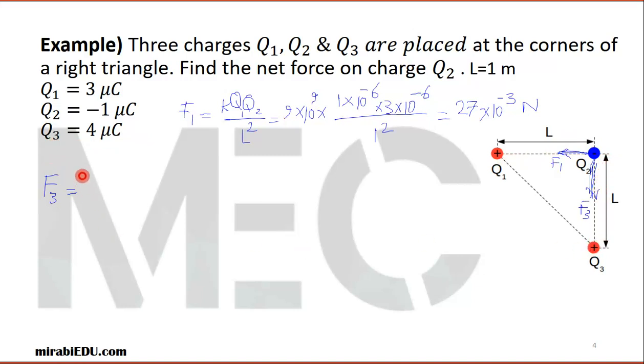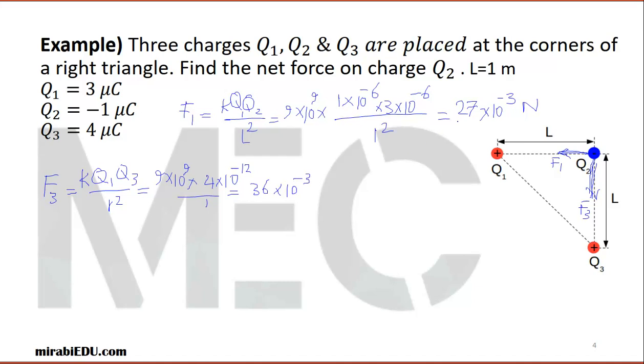So now again, let me apply Coulomb's law. K Q2 Q3 over R squared, 9 times 10 to the 9, and then 1 microcoulomb times 4 microcoulomb will make 4 times 10 to the negative 12. Denominator is 1, so it is 36 times 10 to the negative 3.